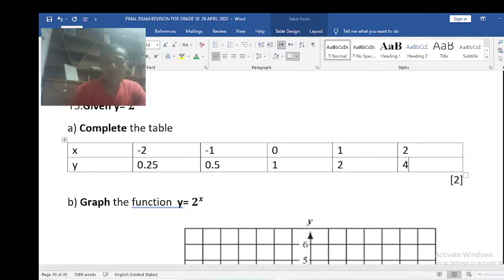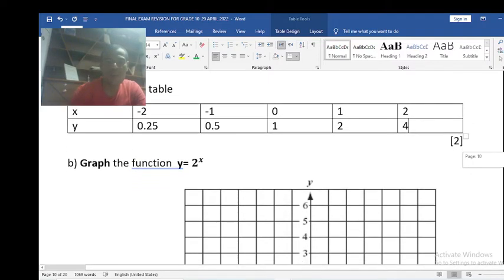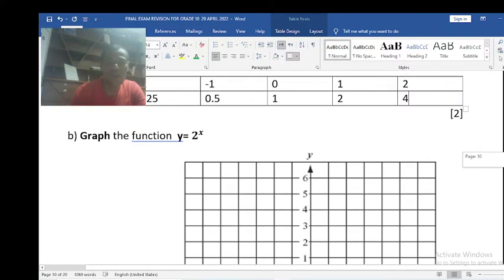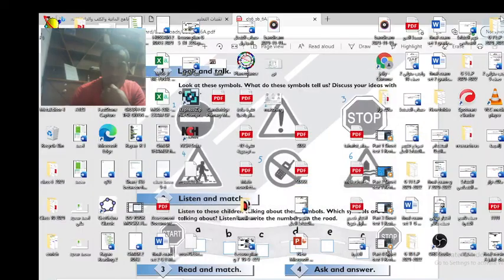Now we are going to plot these points and draw the curve of this function y equals 2 to the power x. I'm going to see if I have GeoGebra.